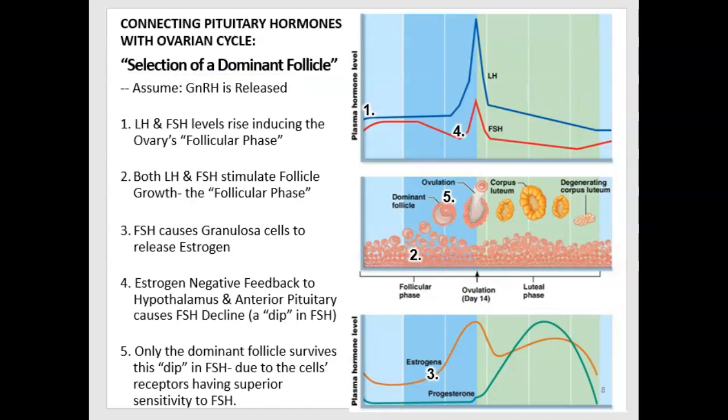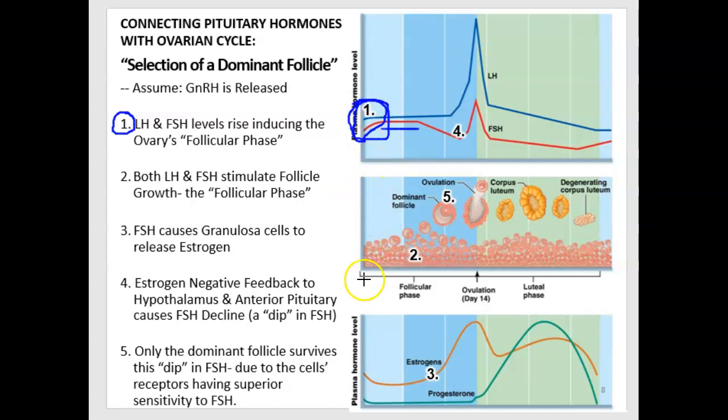So the first thing that happens is that in response to gonadotropin releasing hormone, luteinizing hormone and follicle stimulating hormone levels begin to rise. That's right here. They begin to rise. There is a plateau period, but they were lower previously. So they're rising at point 1 here.